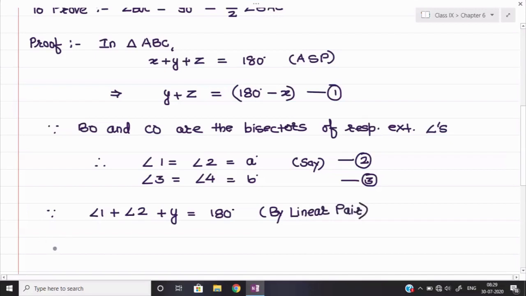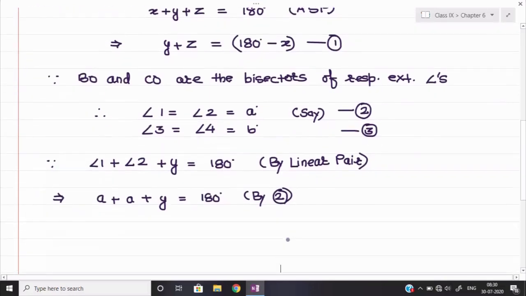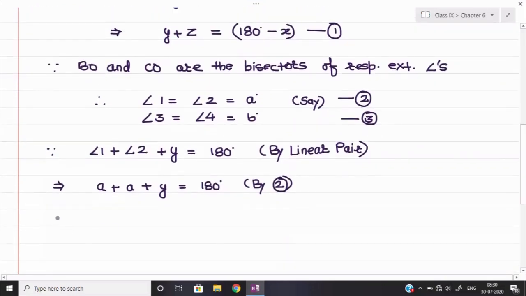Now angle 1 and angle 2 both are equal to A. So A plus A plus Y is equal to 180 degree, with the help of equation number second we can say. Now A and A, if I add, it will become 2A, and Y I can send onto that side. So 2A will be equal to 180 minus Y, or I can say that A will be equal to, I will divide the whole equation by 2.